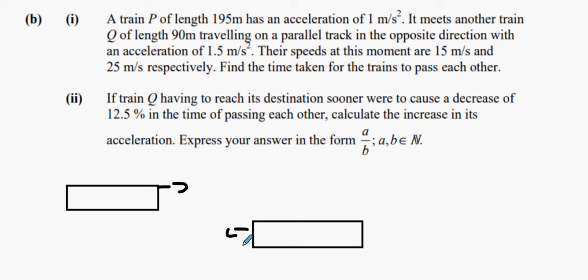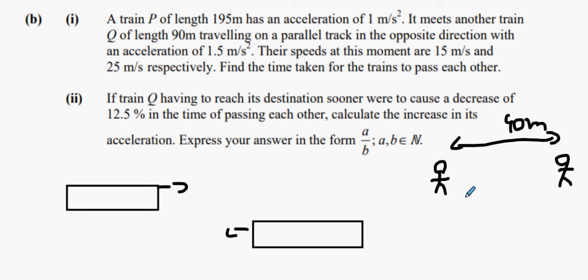So, best way of describing this is if two people are 40 meters apart, okay? If one of them moves across at 15 meters, the other one moves to the left at 25 meters. You don't use minus 25 meters just because it's going to the left. 15 plus 25 has to equal 40. So you're dealing with positive values for both trains.